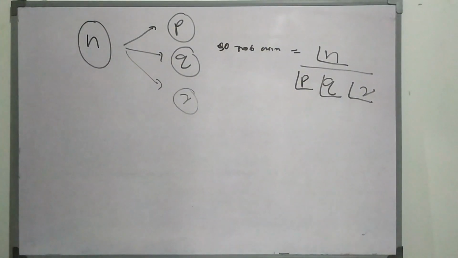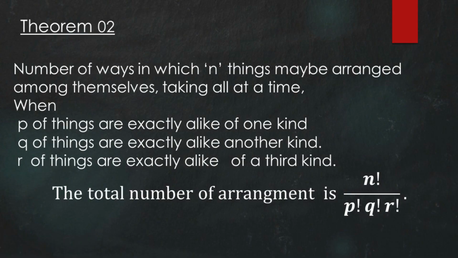You have to divide by the equal elements, right? The p things are exactly alike, q things are exactly alike, r things are exactly alike, right? Likewise, these things are equal among themselves. This is the second theorem, right?